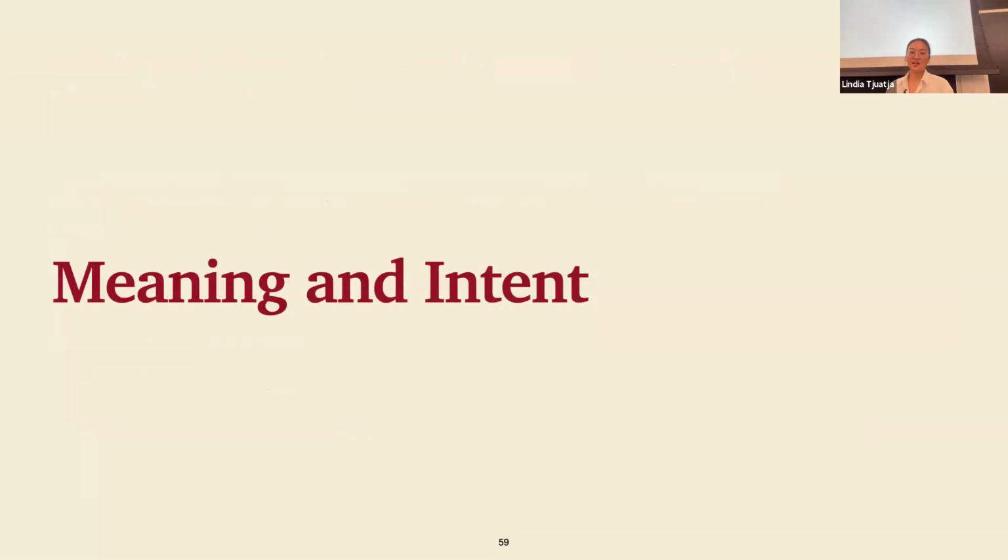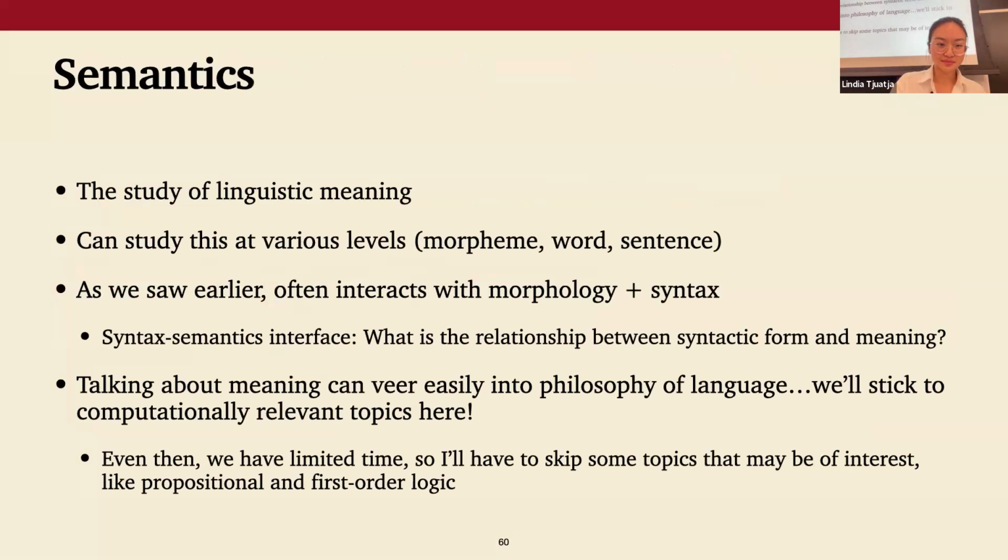Okay, I think now we're going to enter things that are a bit more computationally NLP relevant, with meaning and intent. So semantics is the study of linguistic meaning, and we can study this at various levels. As we saw, we could see what a morpheme means. We can ask what a word means, what a sentence means.